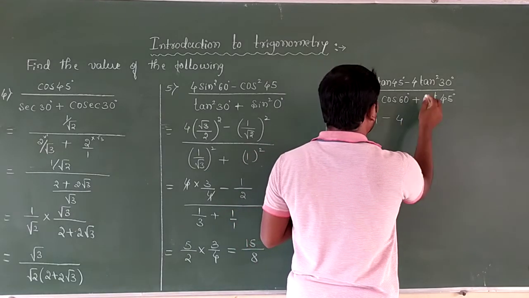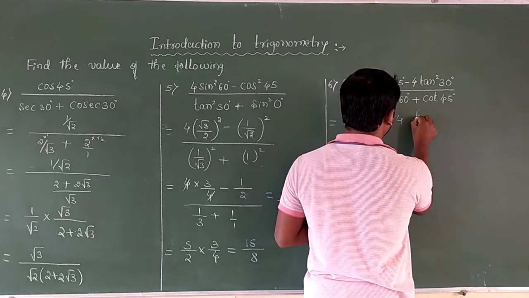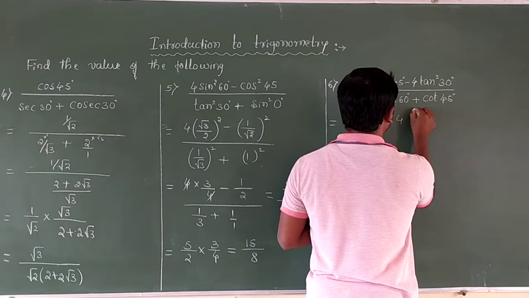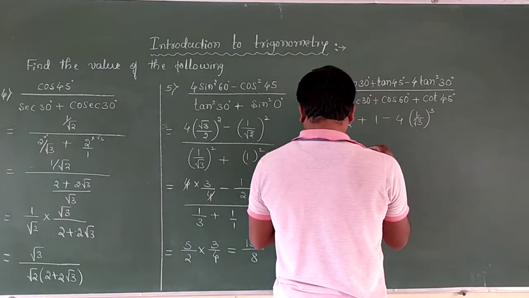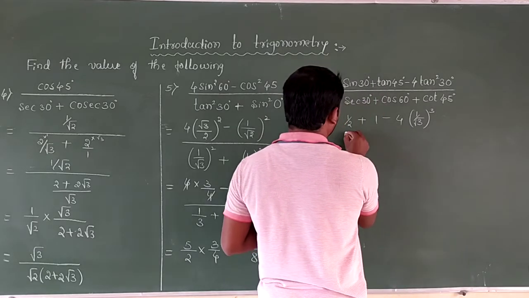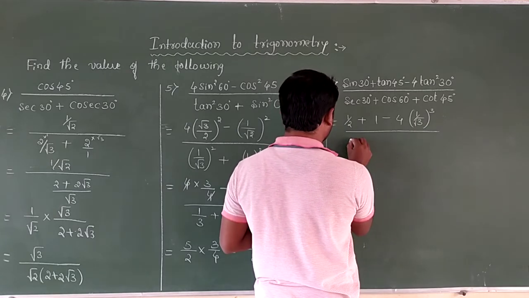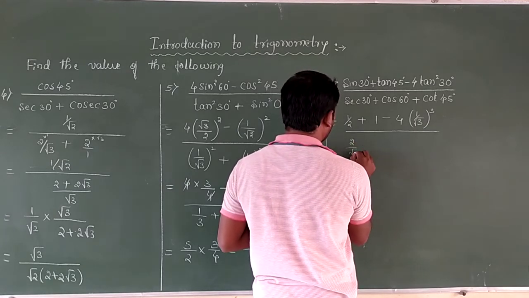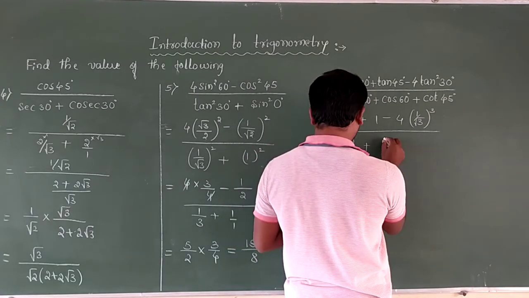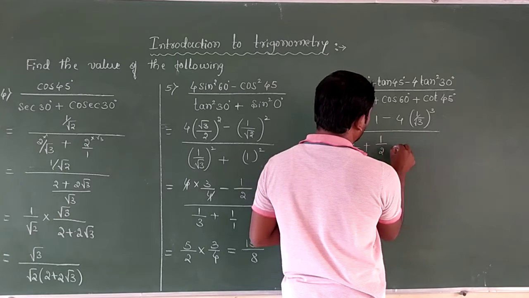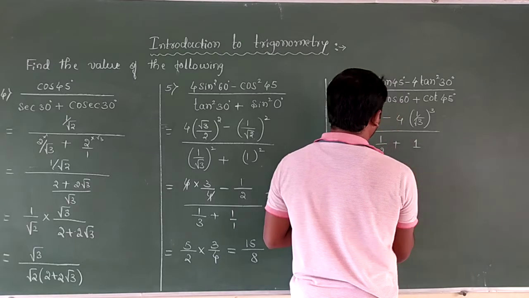Minus 4 tan square 30, tan 30 is what? 1 by root 3, 1 by root 3 whole square, whole divided by sec 30 degree, sec 30 degree is what? 2 by root 3 plus cos 60 degree is what? 1 by 2, cos 60 degree is 1 by 2 plus cot 45 is what? 1, cot 45 is 1.